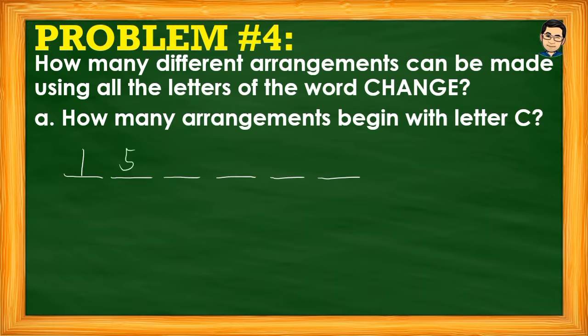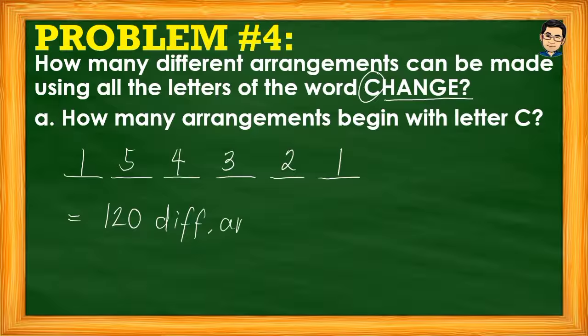So, hindi kasama yung letter C. So, ayan na lang po, H-A-N-G-E. And then, sa pangatlo, magiging 4, then 3, 2, and 1. So, i-multiply lang po natin yan. 5 times 4 times 3 times 2 times 1. That is 120 different arrangements.